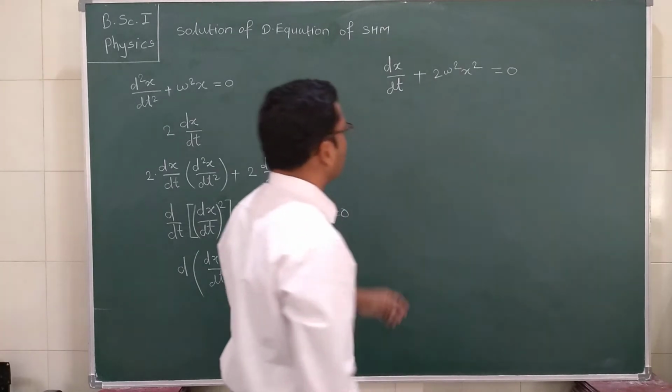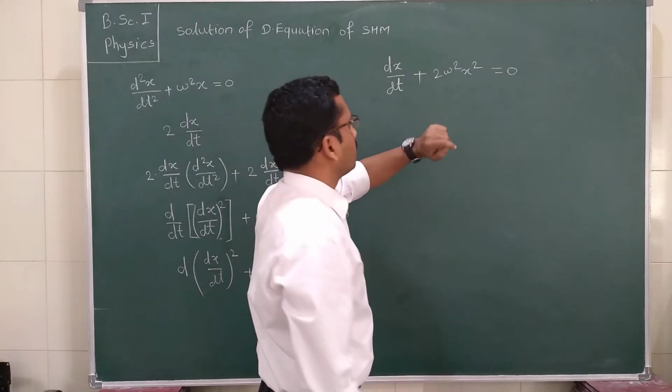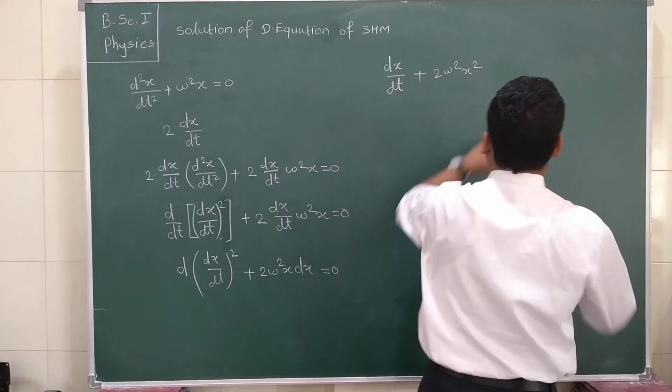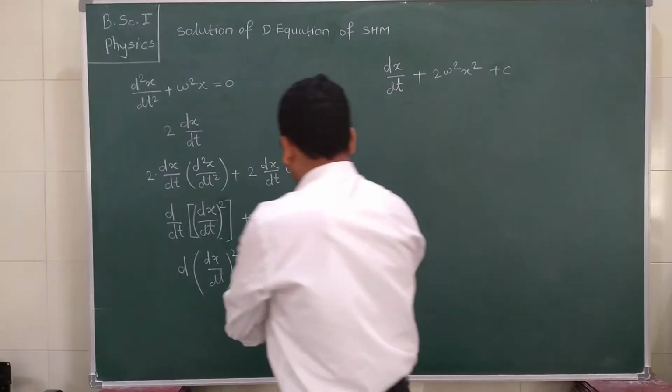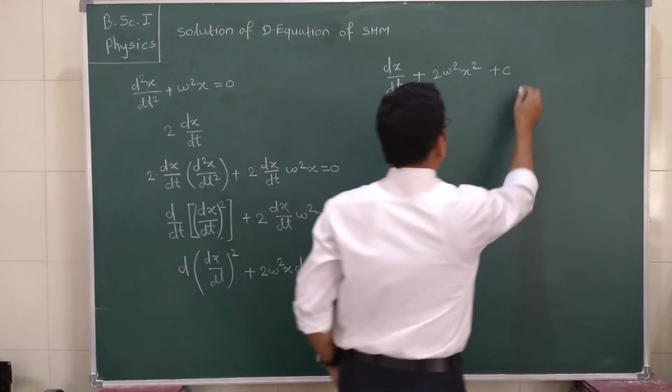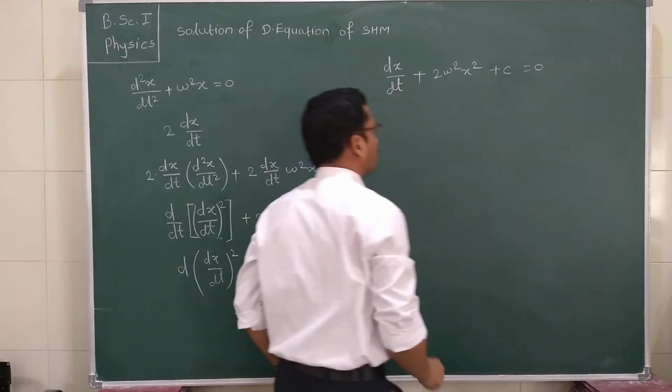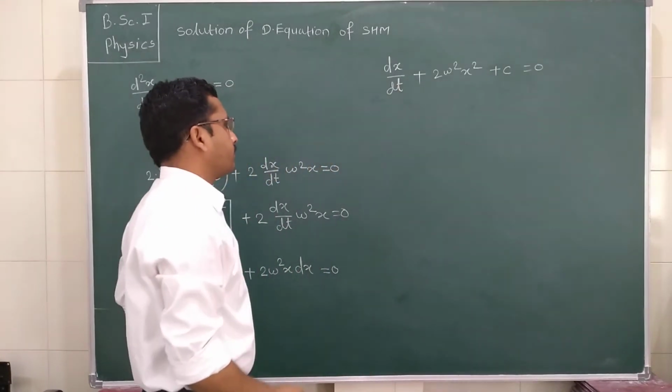But after integration we write here the constant of integration c, which is plus c, and it is equal to 0.